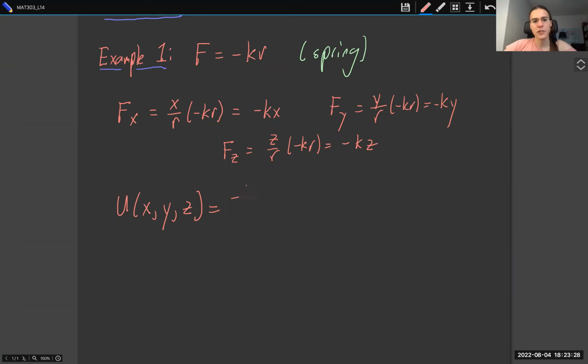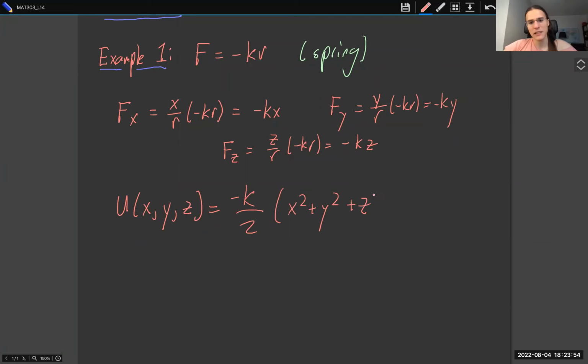So yeah, there's going to be a minus 1/2 k, and then what do I put here? In terms of x, y, and z, not in terms of r. It would be x squared plus y squared plus z squared. Yeah, that's good.